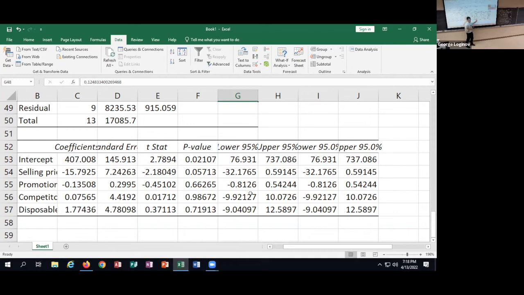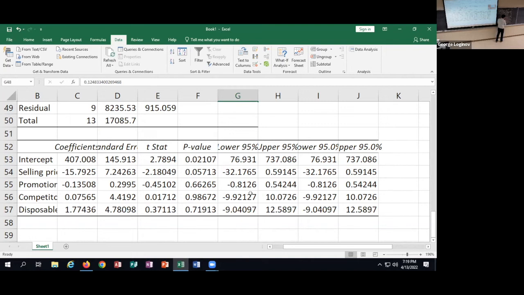It could be, according to this model, it is not unlikely that the true relationship is such that sales are not affected by your price, not affected by advertisement, not affected by the price of the competitors, and not affected by income.